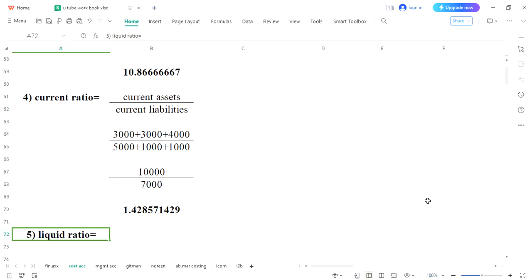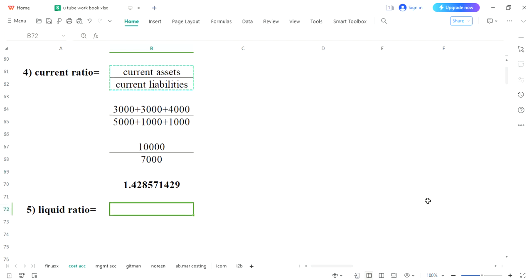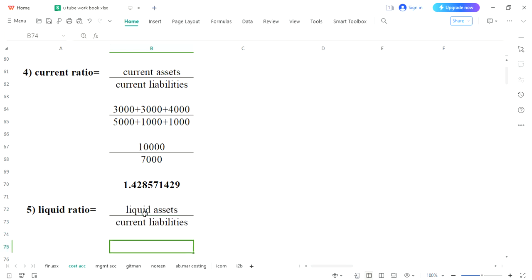And for that we can take this formula as it is over here. Just instead of current assets, what we need is liquid assets and current liabilities. For liquid assets there are 2 methods.